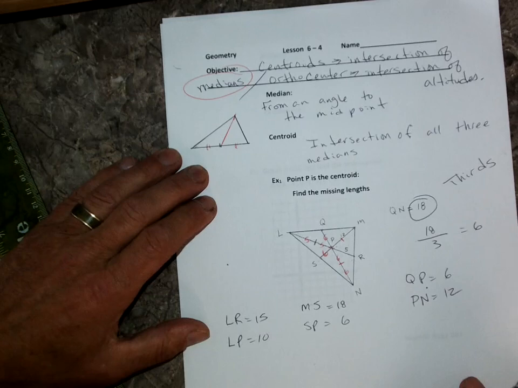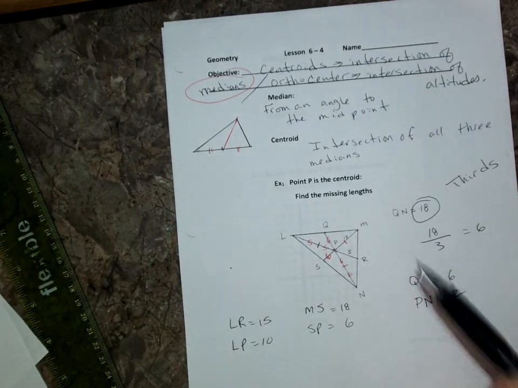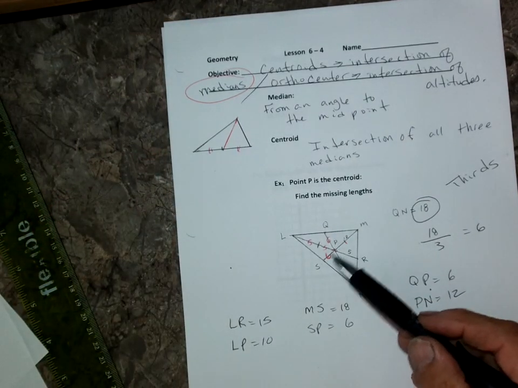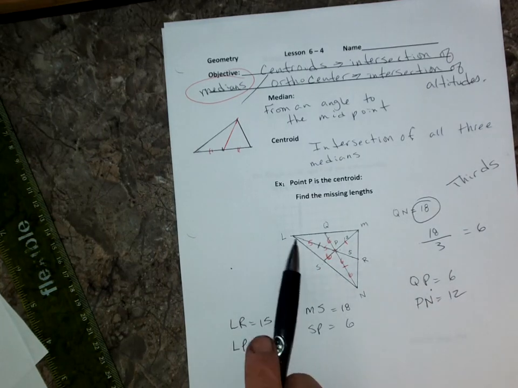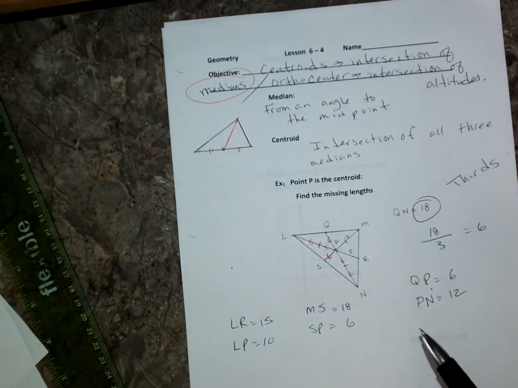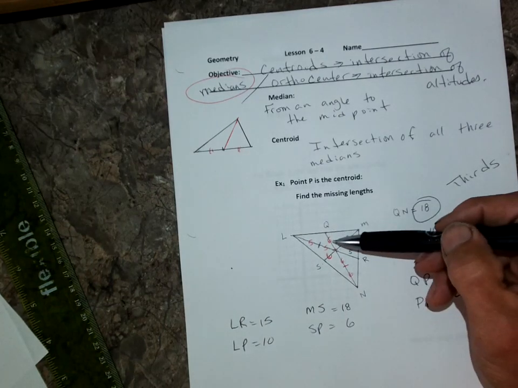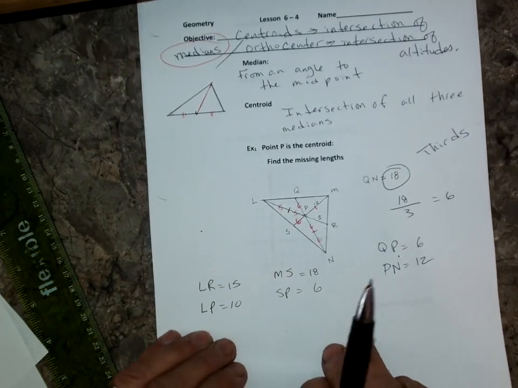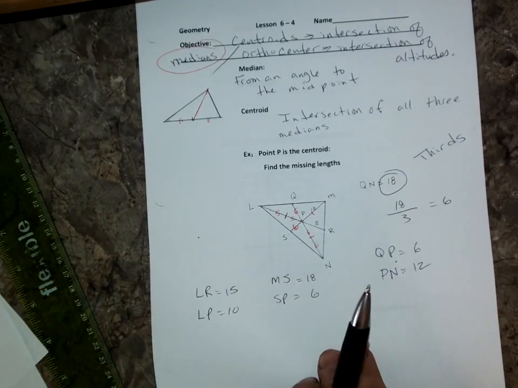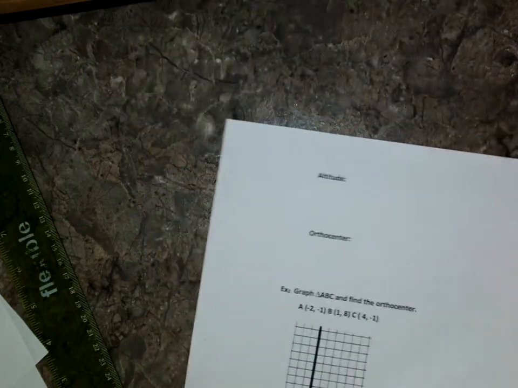One way to look at it is that in a centroid, the short piece is half as big, or we could say the longer piece is twice as big. I've always thought that if you just divide the whole thing into thirds, it makes it pretty easy to see. That's the centroid, and that'll be part of your homework today. So let's go ahead and turn the page. Let's talk about the next one, which is our orthocenter.